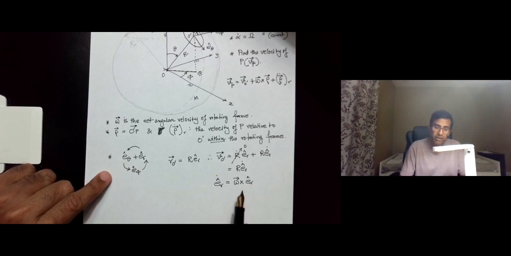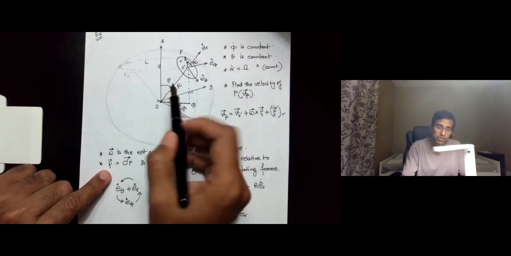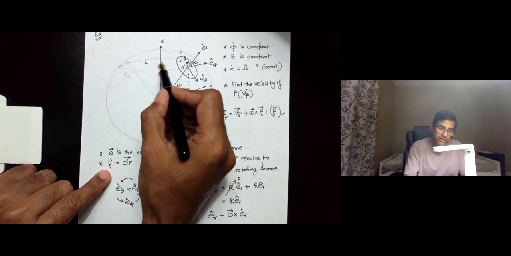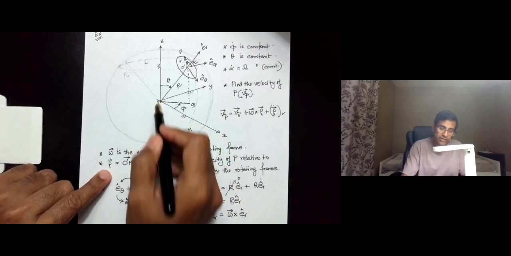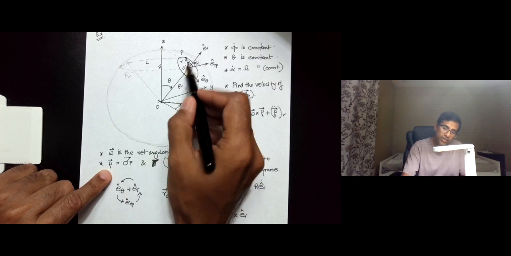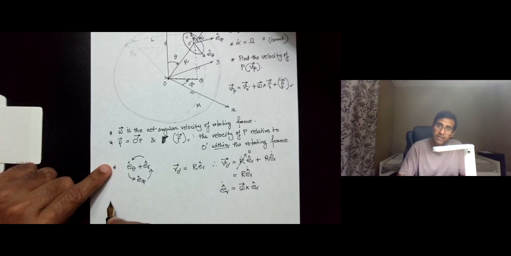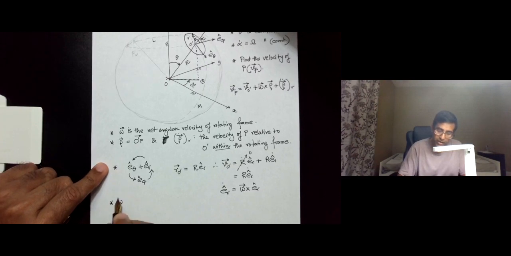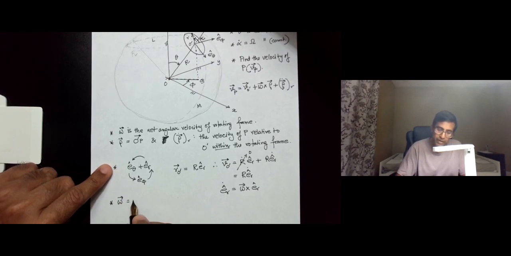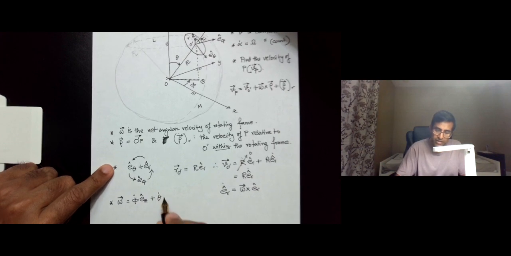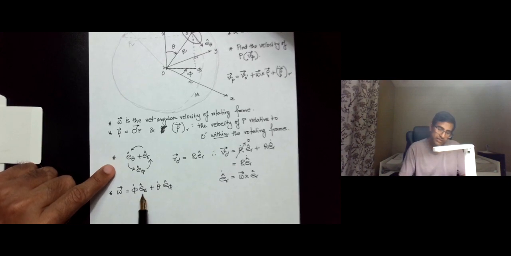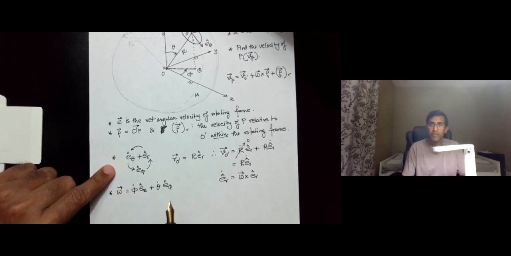So what is the angular velocity of this rotating frame? So we note that phi dot is directed in the z direction, and theta dot is directed in the phi direction. Okay, so basically our angular velocity omega is equal to phi dot Ez plus theta dot E phi. But Ez is not good because Ez is not one of the unit vectors.